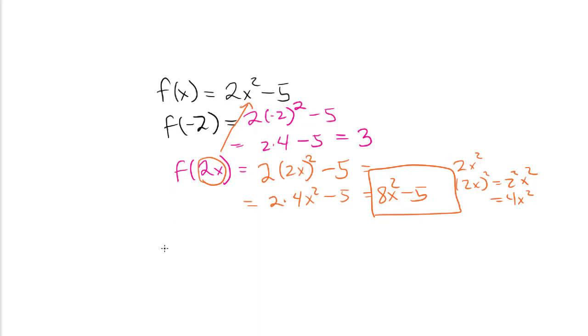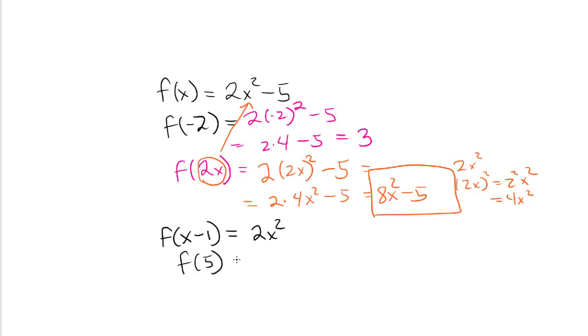Let's try a different function notation case. What if my function notation originally was f of x minus 1 equals 2x squared? Okay, this is interesting. So if my input is x minus 1, my output is basically a function of x, one higher than my x minus 1. So what does that mean f of 5 is?